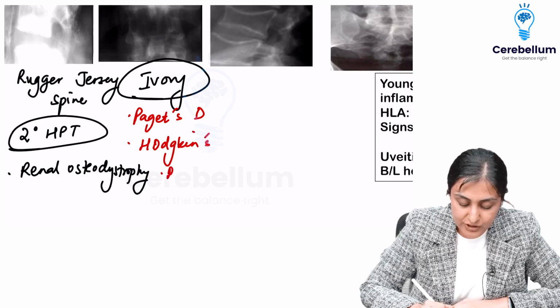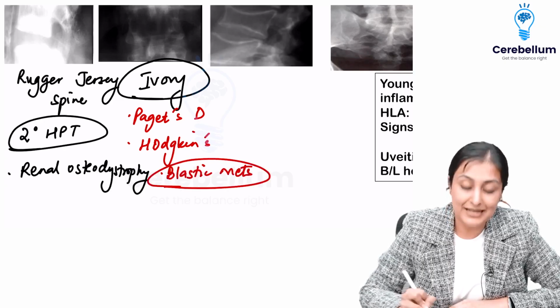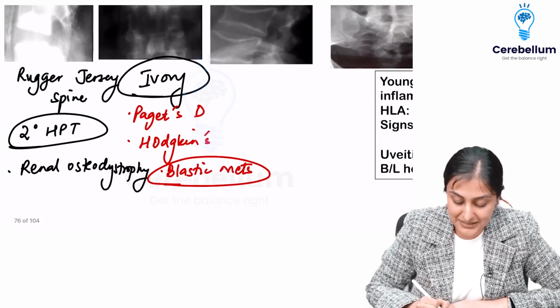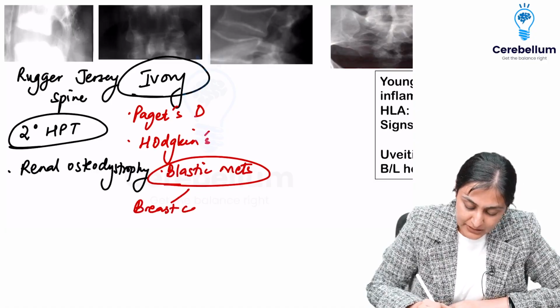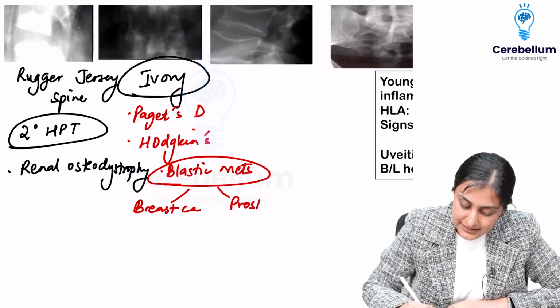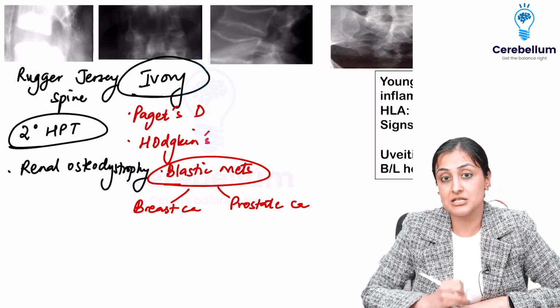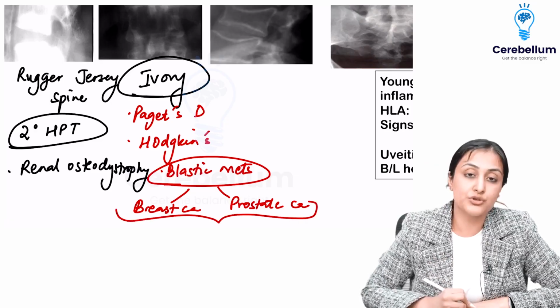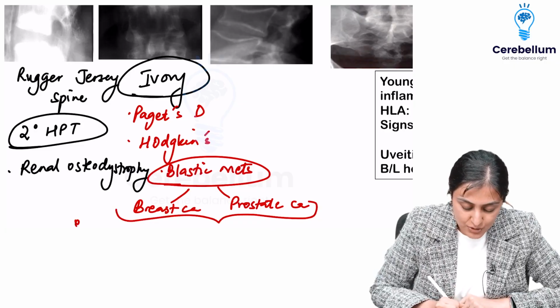And very, very important, there can be blastic metastasis. Two primaries which give rise to blastic metastasis: one is breast CA in women and prostate CA in men. Both of these are causes of blastic metastasis, and something links both of these. The spread of metastasis to the spine is also common.